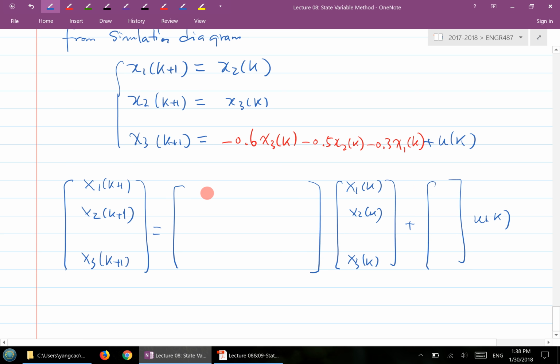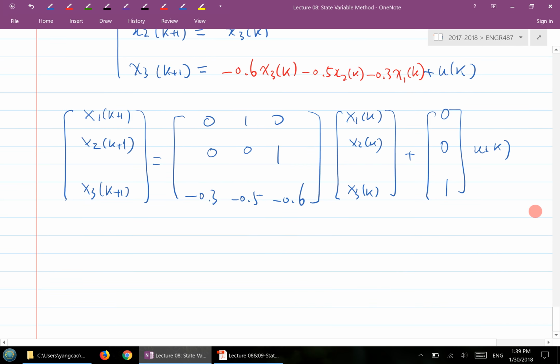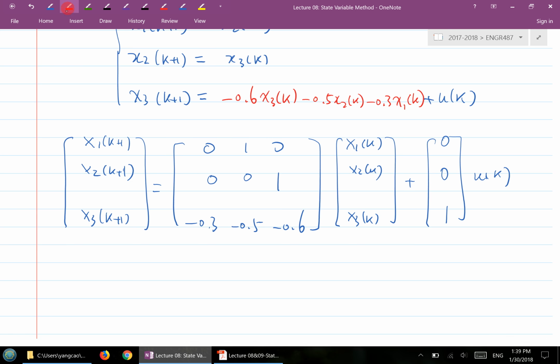That's right. So the last row, just be careful because I wrote it in reverse order here, so it should be 0, 0, 1. Good. For the last row here, this is basically negative A3, negative A2, negative A1. And this is, of course, your A matrix. This is your B matrix, right?